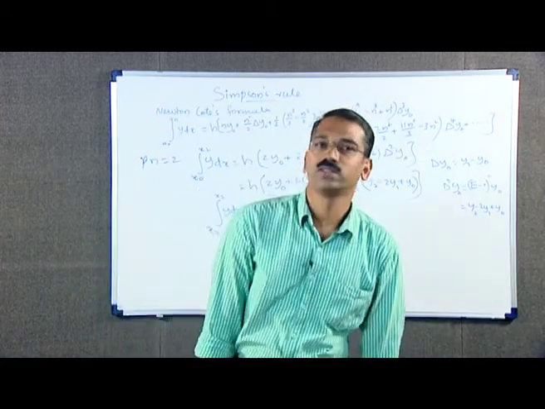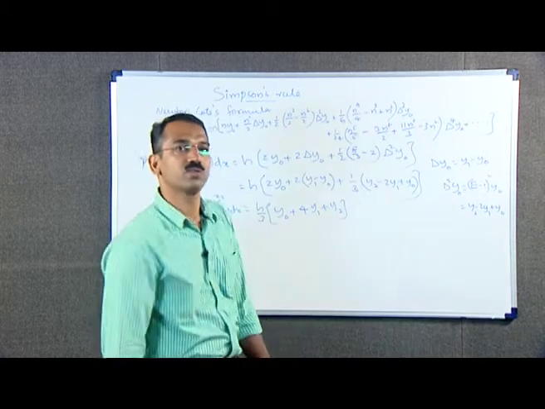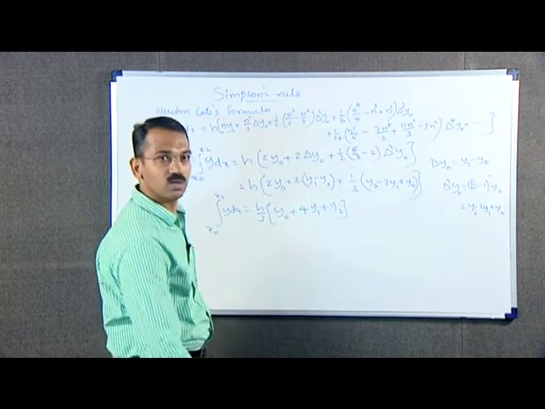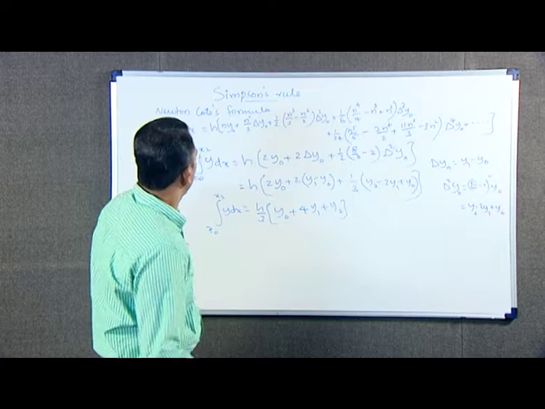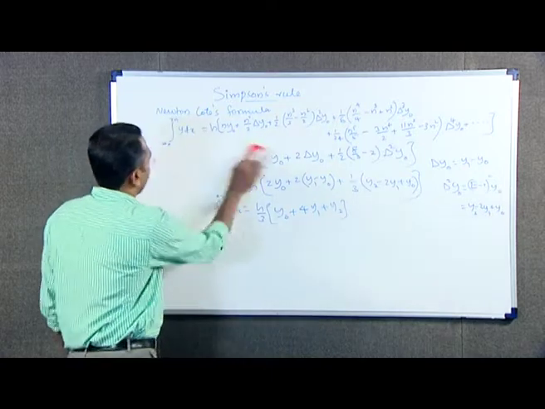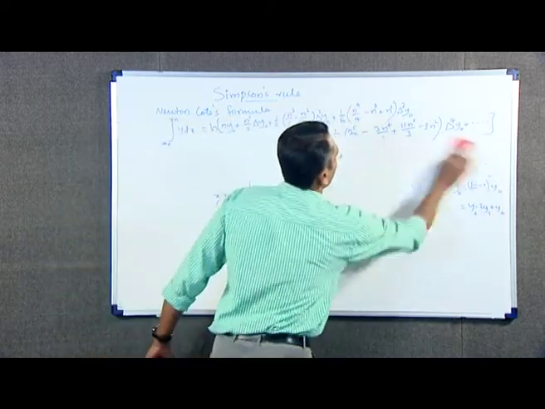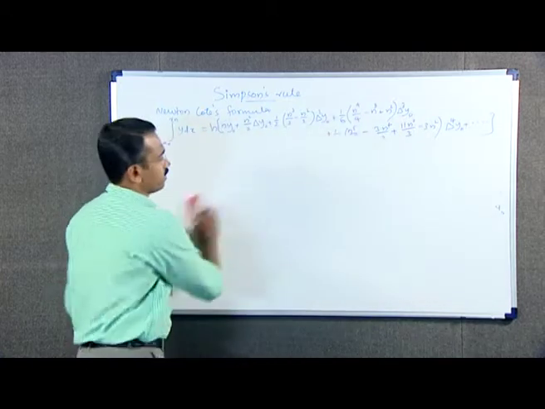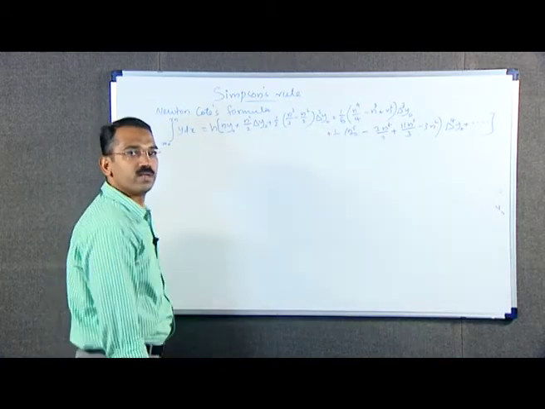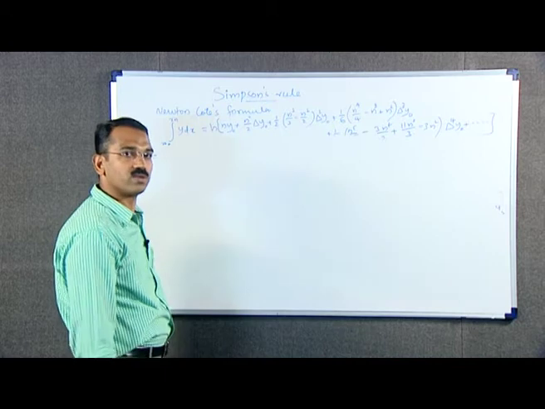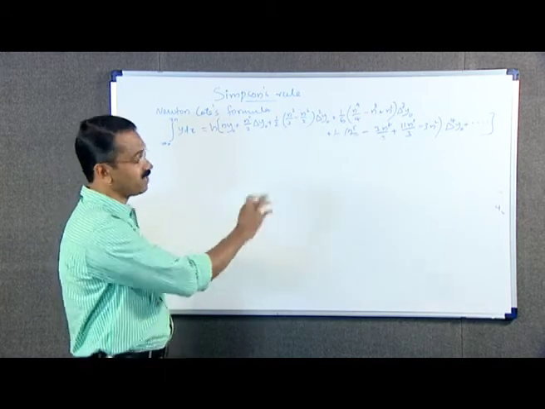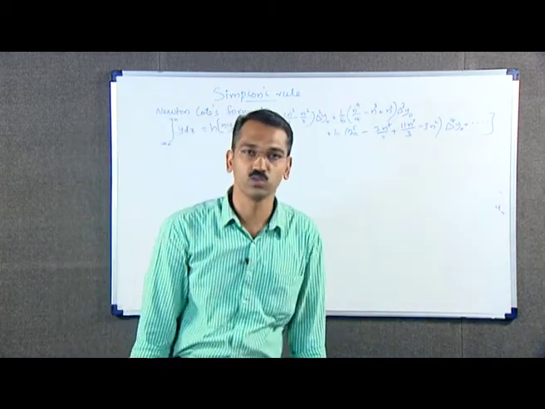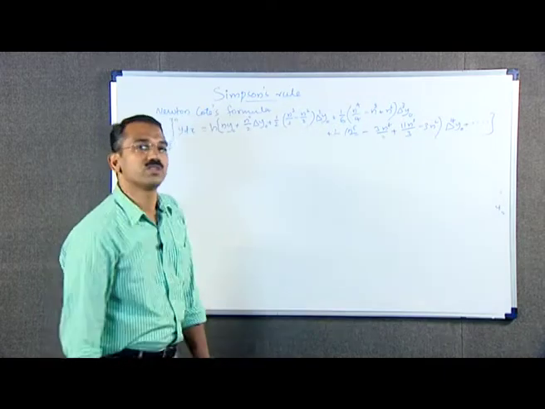Now, let us discuss the composite Simpson's 1/3 rule, that is integral from x0 to x2n, where we divide the whole length into 2n equal subintervals.